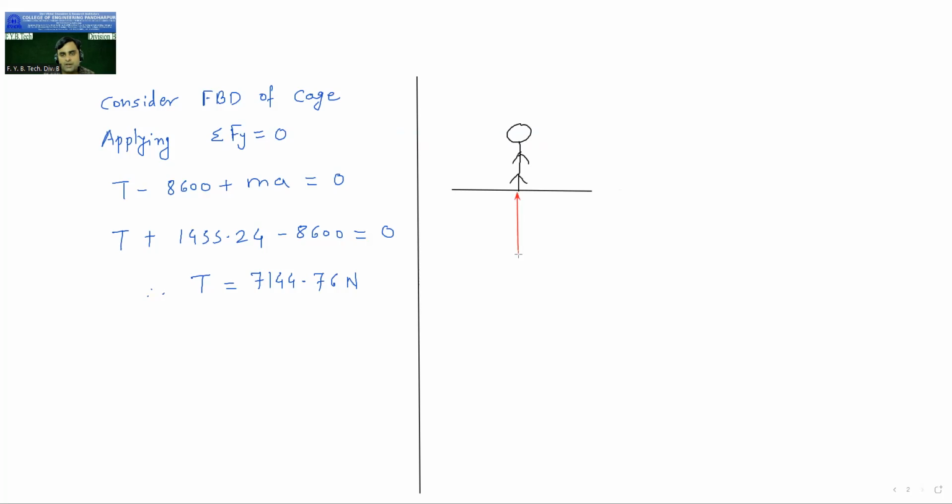This is the normal reaction R. And this is the weight of the person, and this weight is 600 Newton.